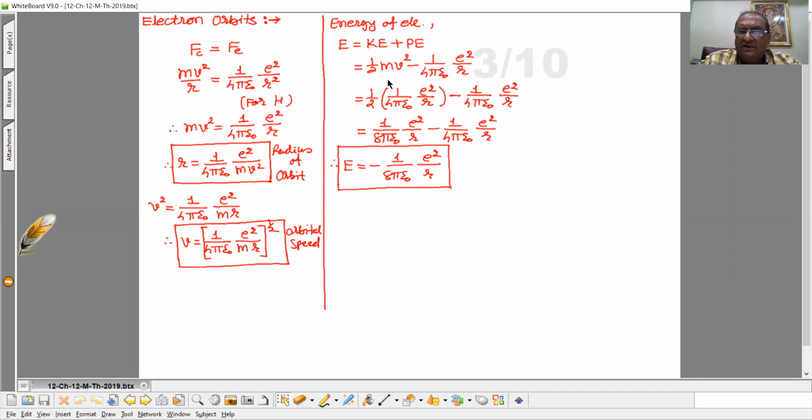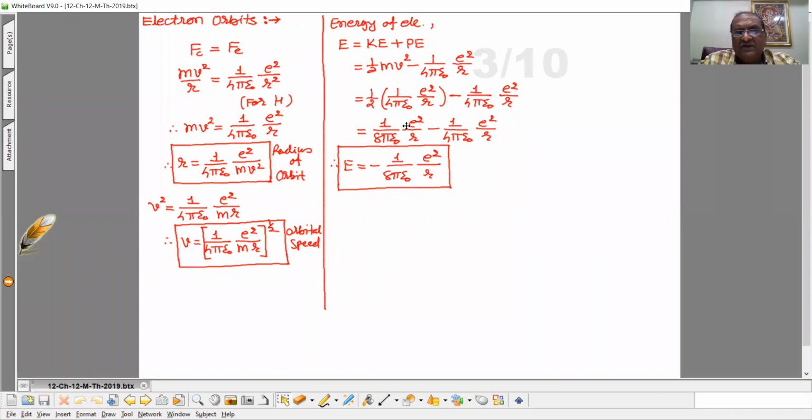So we can write the potential energy as minus 1 upon 4 pi epsilon 0 e square by r. Now, from this particular equation, we can write mv square equal to 1 upon 4 pi epsilon 0 e square by r.